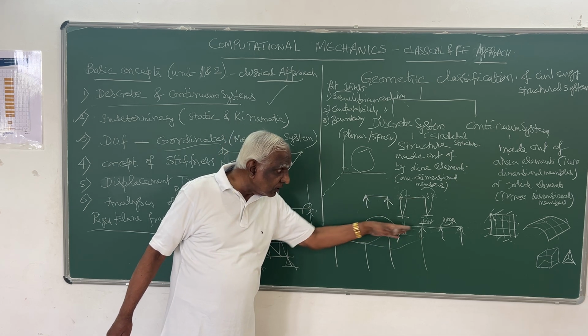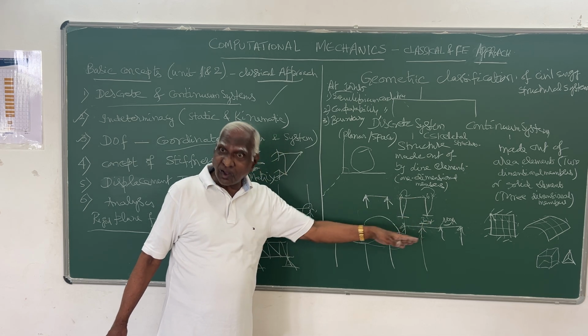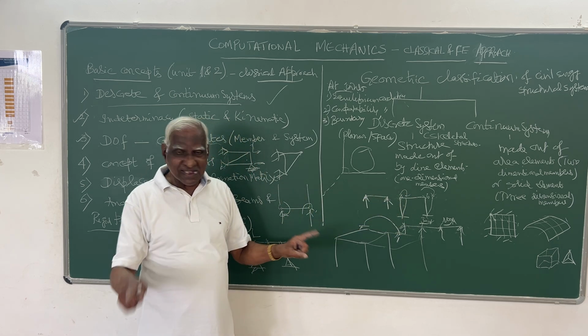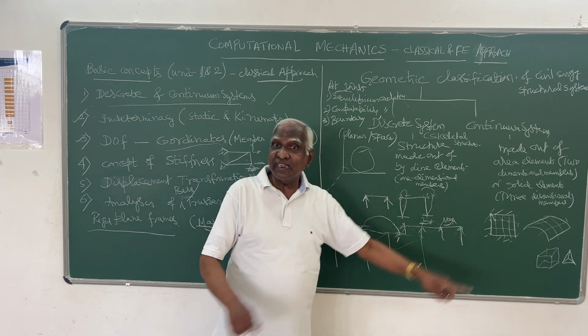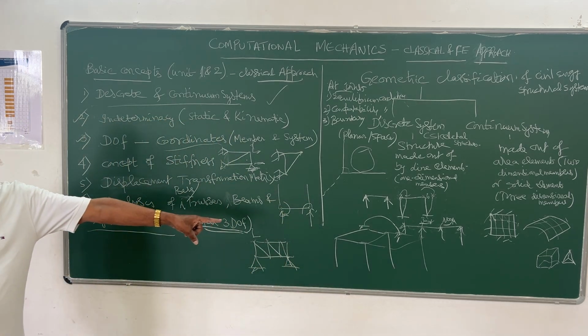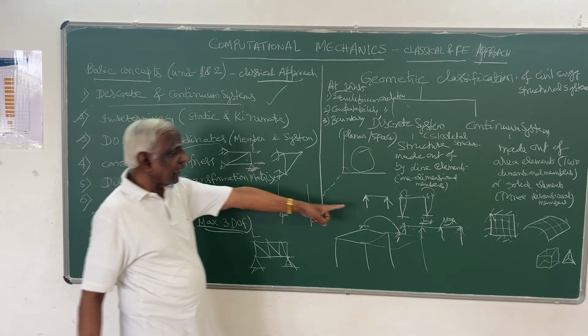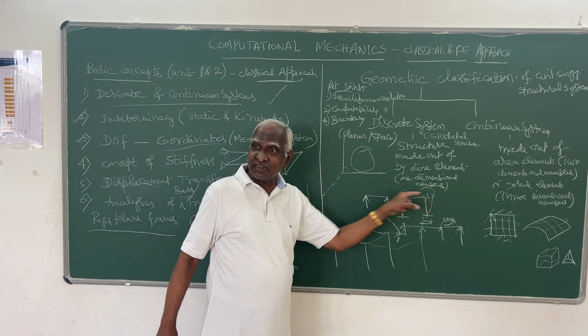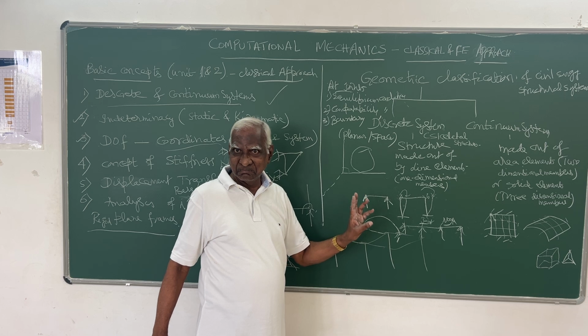What's the difference between this and a beam? Here all joints are rigid, all line elements, here also the same thing, but the difference is all elements lie along a line, then it will be a beam. Here all elements are not lying along a line. This is in a different line. This is a horizontal line, this is a vertical line.